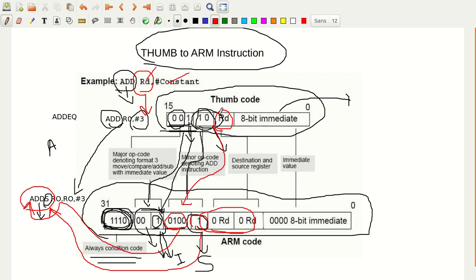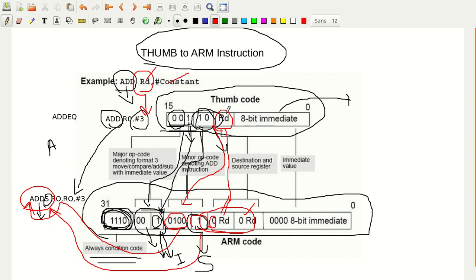Since we have written only one destination register here, this is RN and this one is RD in the case of the ARM data instruction format. But here, since RN is equal to RD, only one source field has been used for the register. So the same thing is copied here.